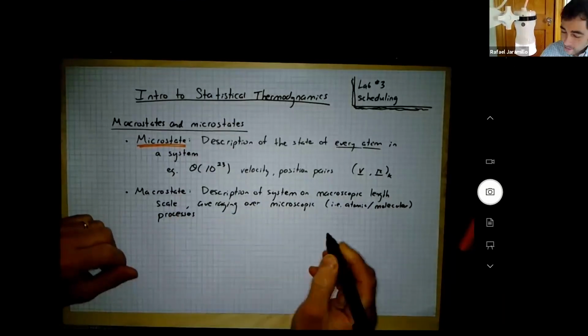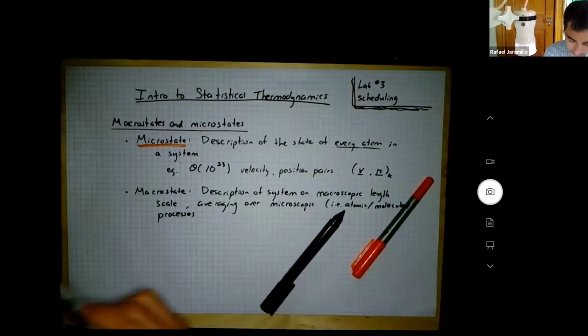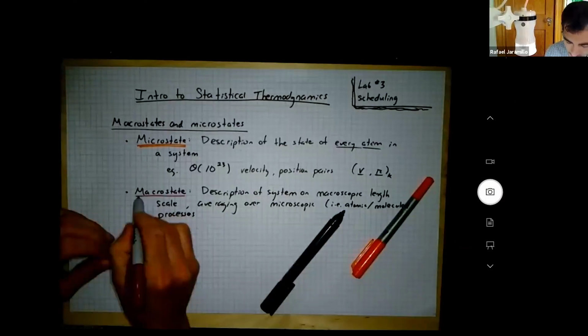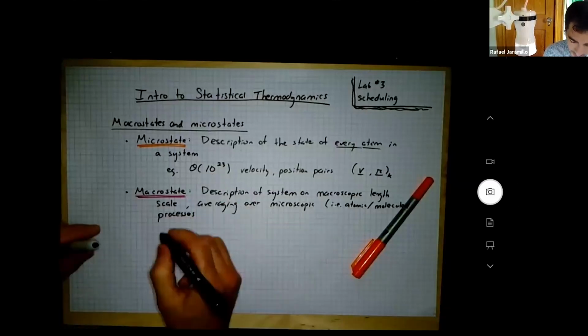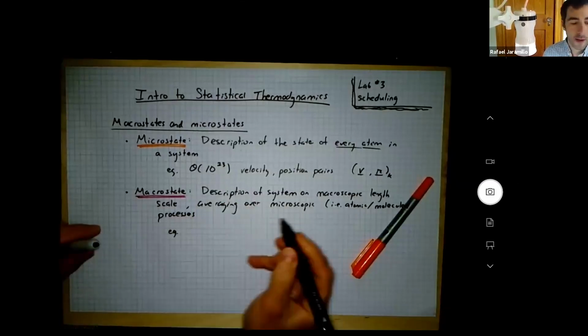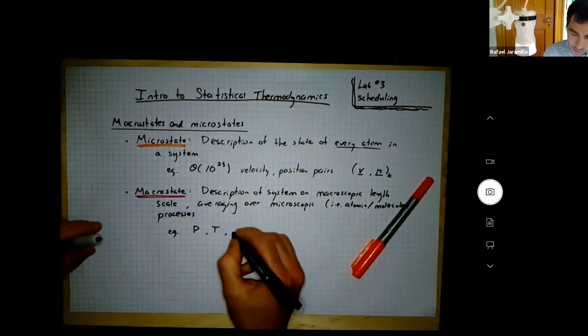So macrostates are what we have been dealing with to date in class. And so we know that even if we might have 10 to the 23 atoms, we can describe the state of the system with a very small number of parameters, like pressure, temperature, and mole number.